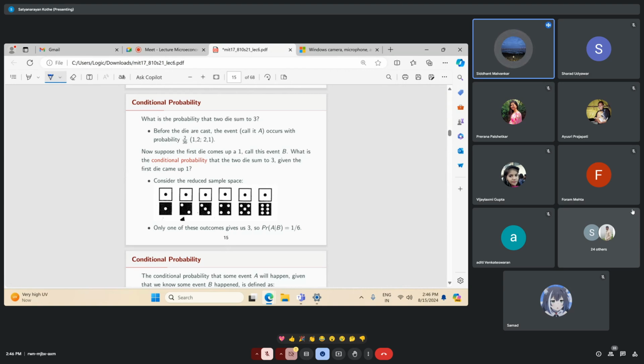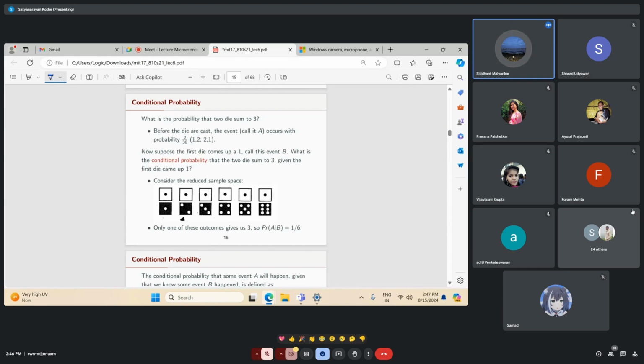Now suppose the first die comes up 1. Call this event B. What is the conditional probability that the 2 dice sum to 3, given the first die comes up 1?